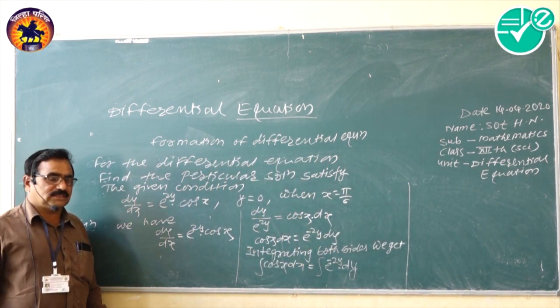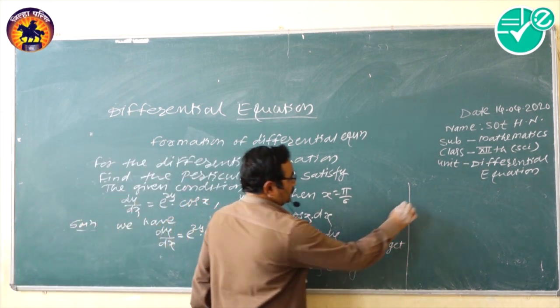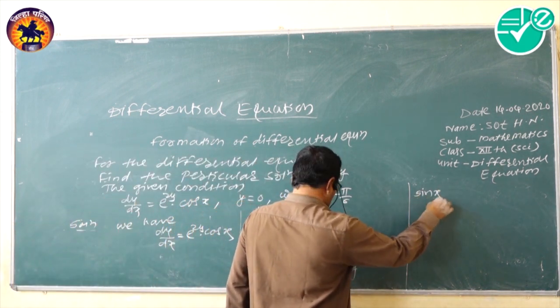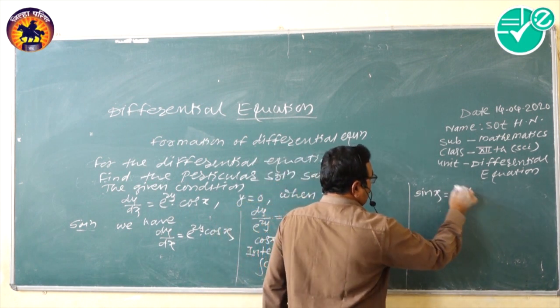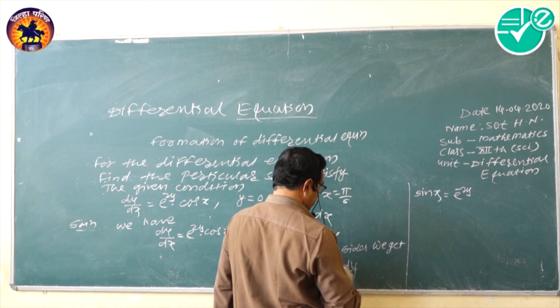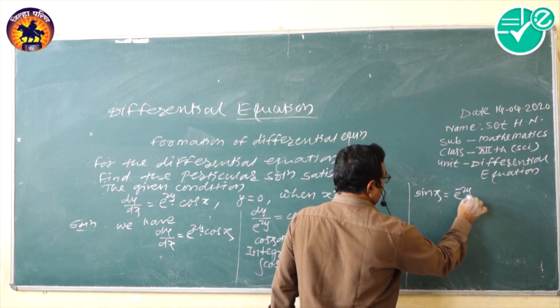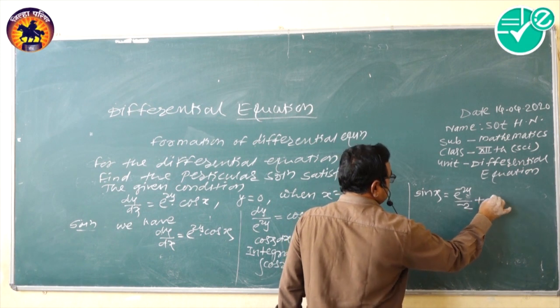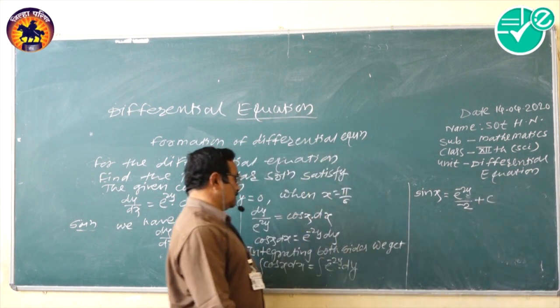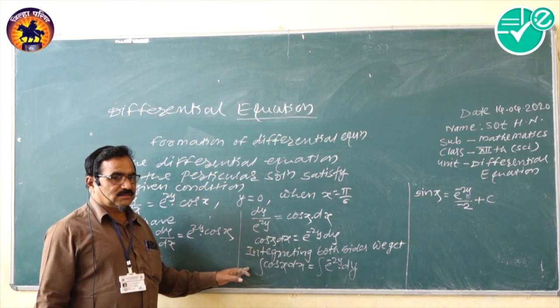Integration of cos x is sin x equal to e raised to minus 2y upon minus 2 plus c, the integration of this term.